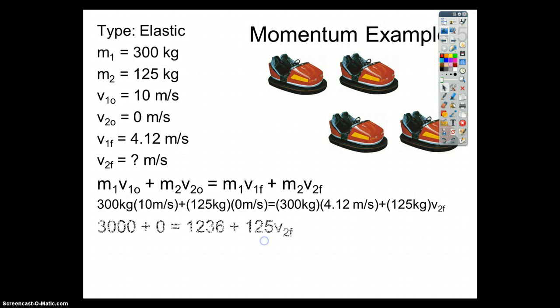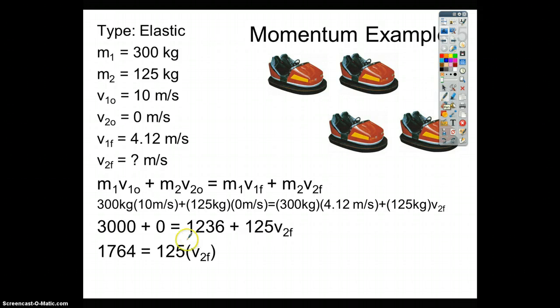If I do a little multiplication, I end up with 3,000 plus 0 is equal to 300 times 4.12, which is 1236, plus 125 V2F. Subtract 1,236 from each side, and that gives me 1764 is equal to 125 times the final speed for the girl and the car.